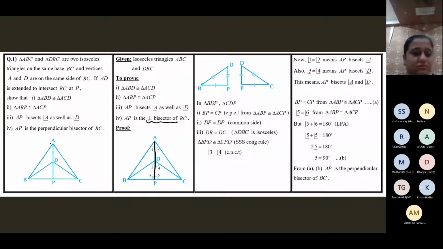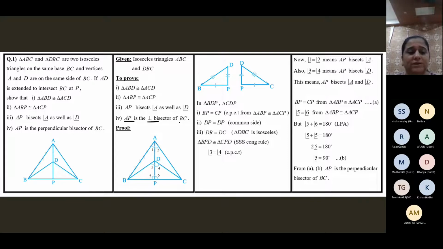That means, this is AP, this is BC. Perpendicular. You'll have to prove that this angle is 90 degrees. And bisects. AP bisects BC. That means you should show that BP is equal to CP. So these are the two things we'll have to prove.